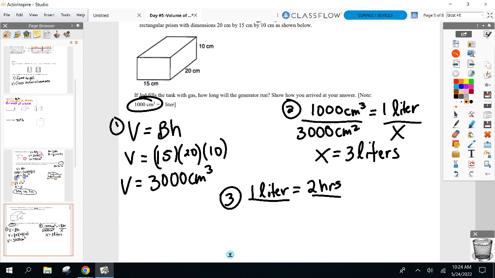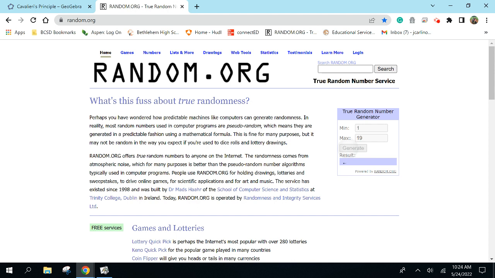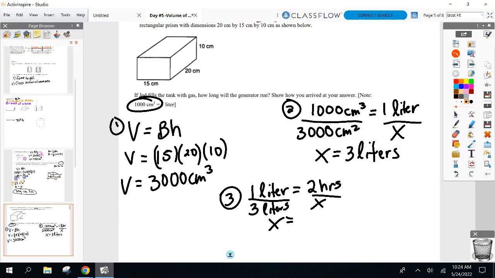Make a proportion out of it. I can't stress that enough. Liters under liters, hours under hours. Do I need to see this? No. But if you're not confident, write the darn thing down. All right, how many hours is this beast going to run on? Let's hear from 3. 6 hours.